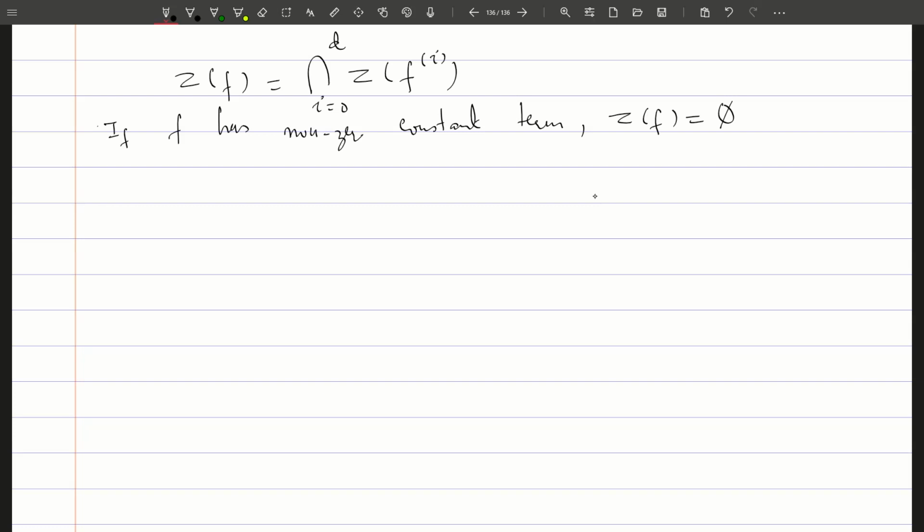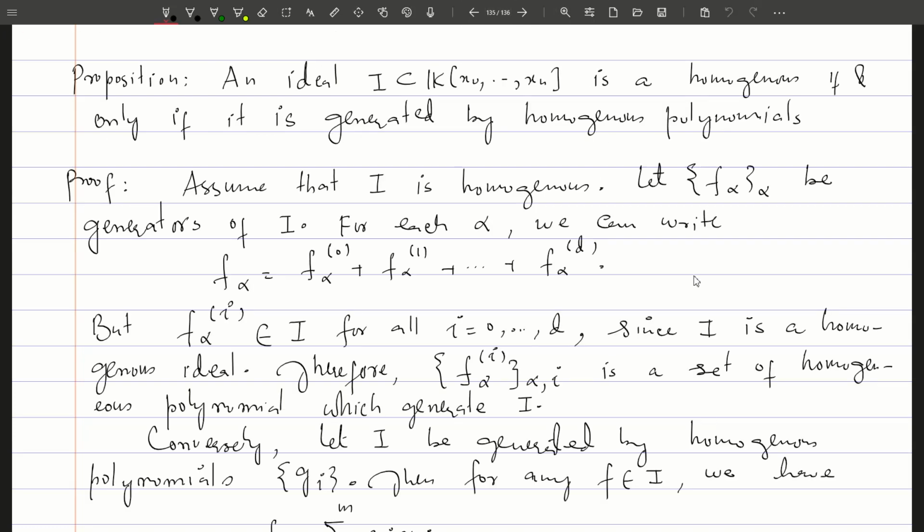So that is the case when f is not homogeneous. Using this remark, we can drop the homogeneous conditions in the previous two definitions.